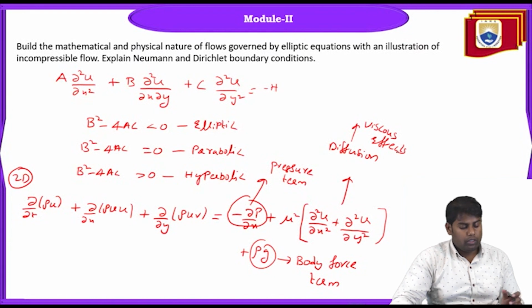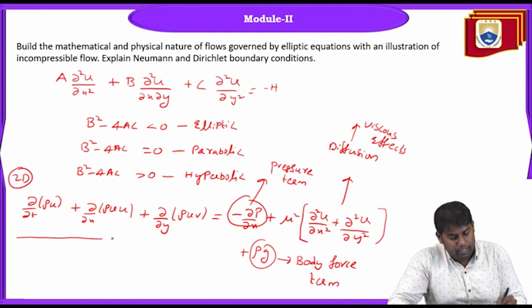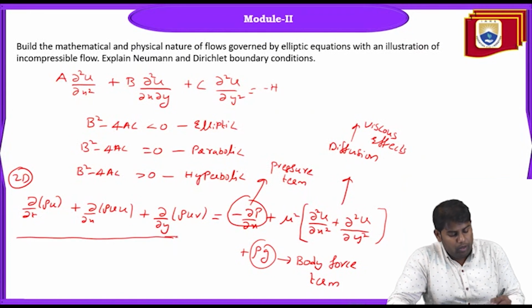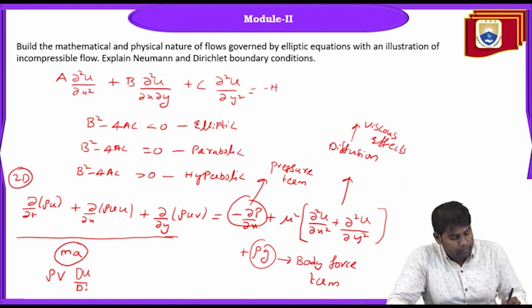Here you can see the left hand side is coming from m into a. Mass is nothing but density into volume, which is rho into V. And a is nothing but acceleration, which is capital Du by Dt.